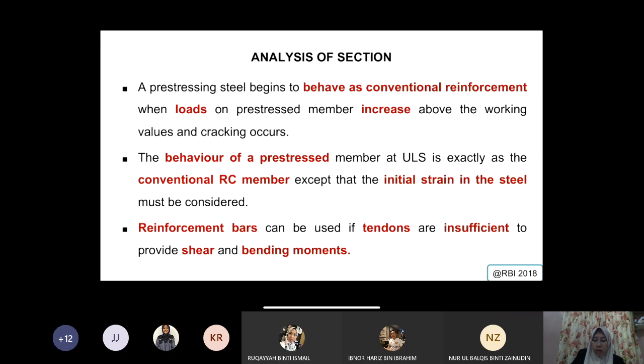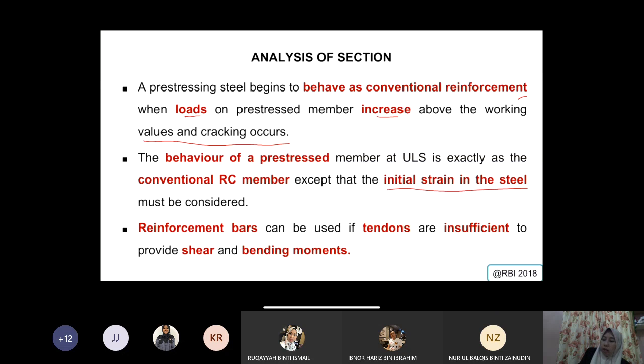The pre-stressing steel begins to behave as conventional reinforcement when loads on the pre-stress beam increase above the working values and cracking occurs. So the behavior of a pre-stress member at ultimate limit state is exactly as a conventional reinforced member, except that the initial strain in the steel must be considered.